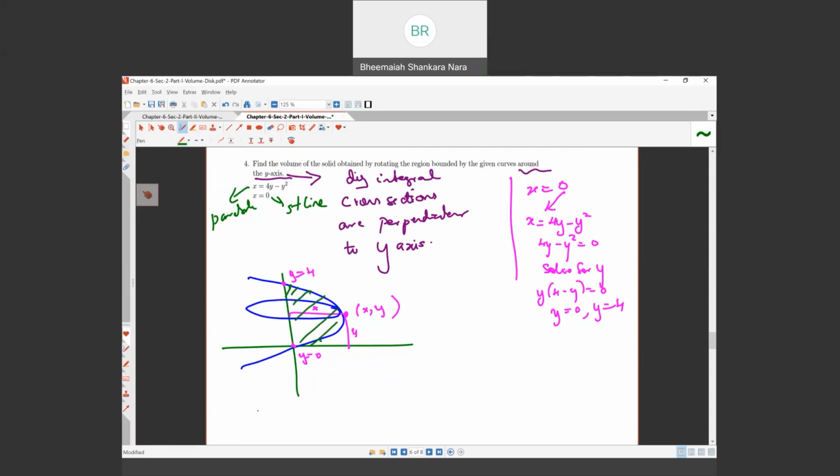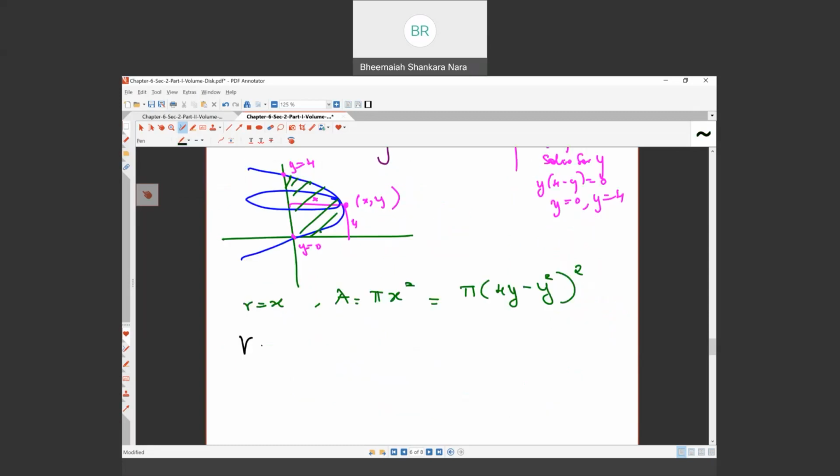So write r equal to x. So area is pi r square, so pi x square. Plug in for x, it's 4y minus y square and then a square. Then we are all set to write the volume integral, which is y equal to 0 to 4, A times dy.